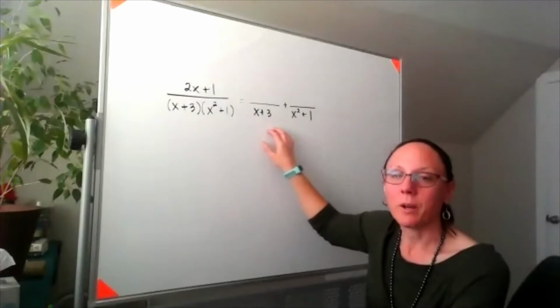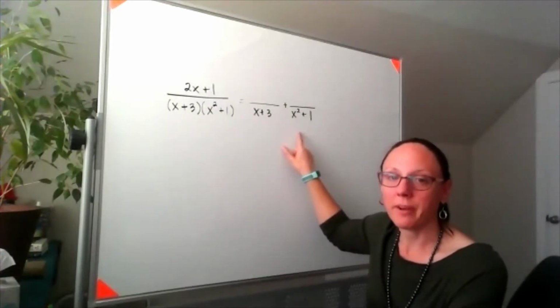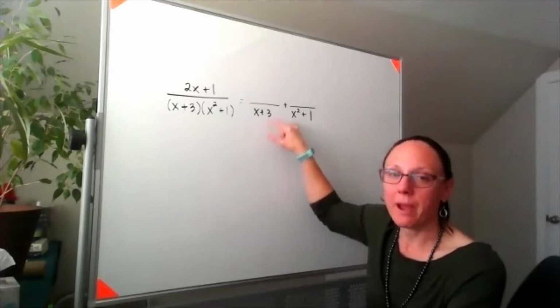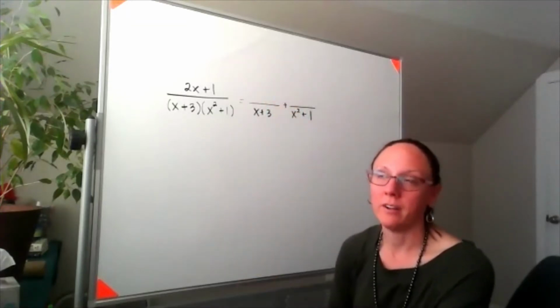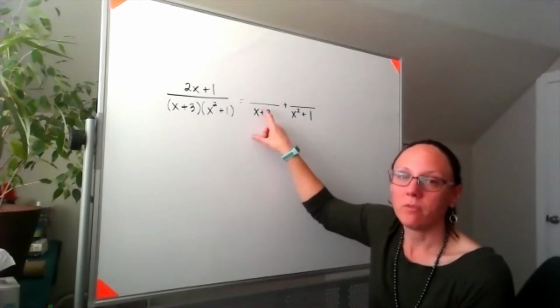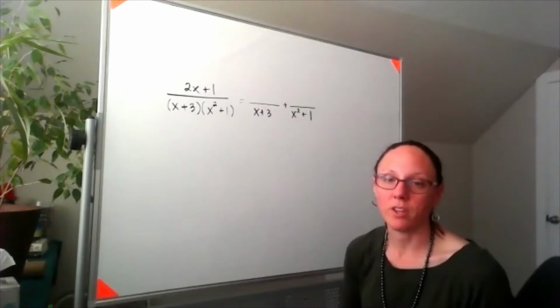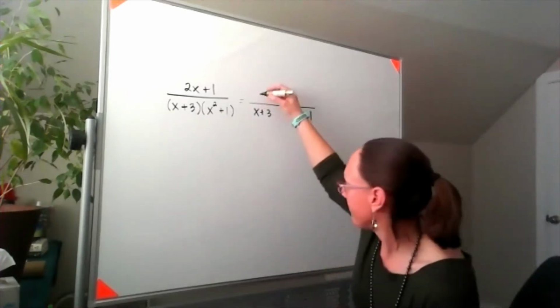That means that when I'm breaking this apart with partial fractions, the powers in my denominators should be less than the power that I put in the numerator. Because this is a linear term, x plus 3, where my power in x is 1, then what I'm going to put in the top is essentially an x to the 0 power, or a constant.